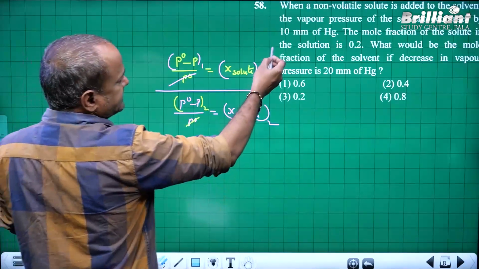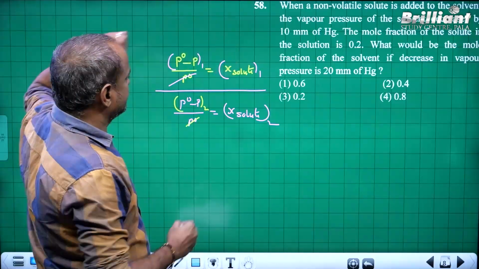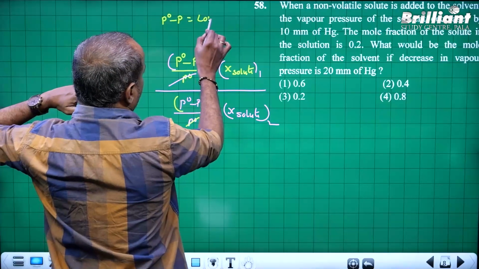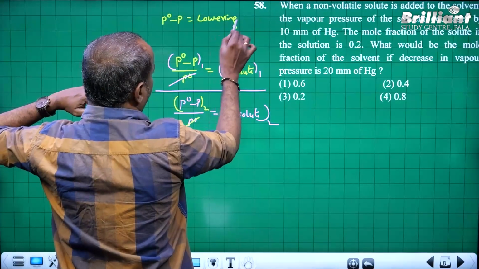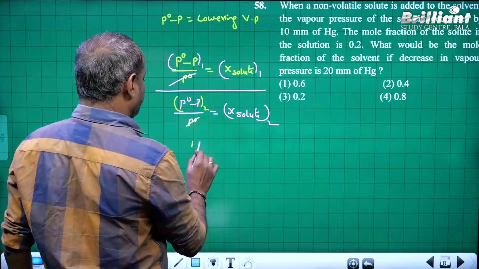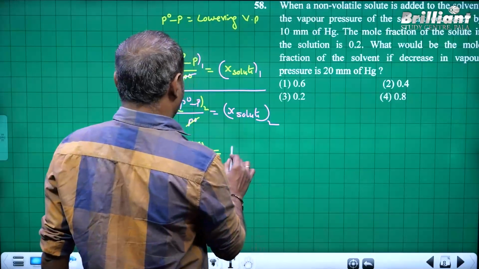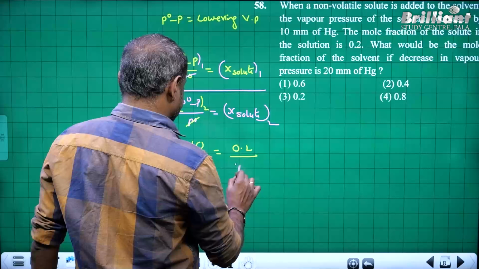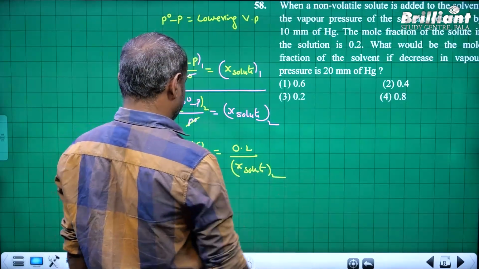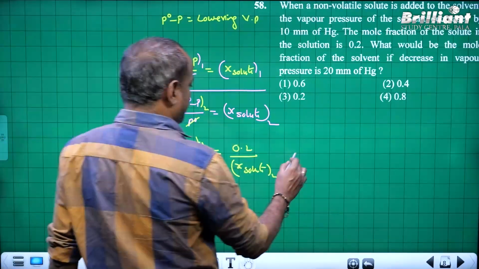The first time, lowering is P naught minus P, which is called lowering of vapor pressure. So 10 by 20: first mole fraction 0.2. Second, find the mole fraction of solute: 0.4.